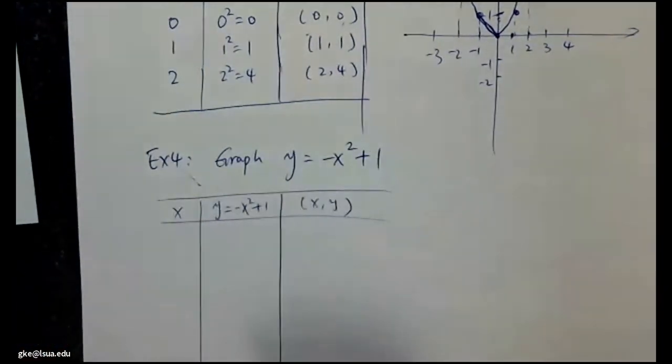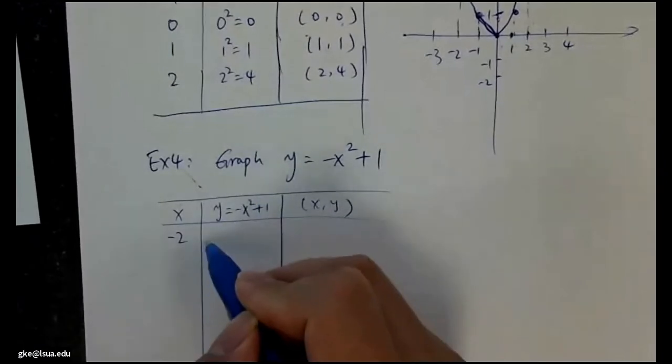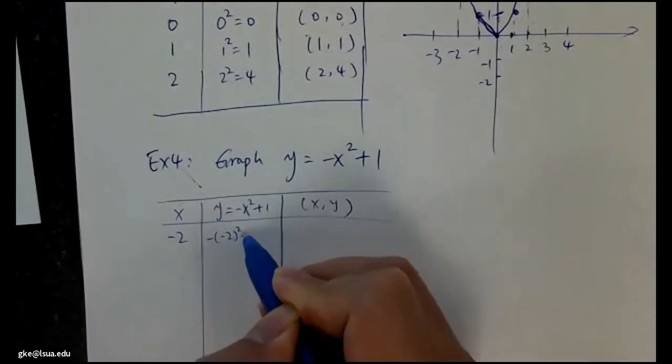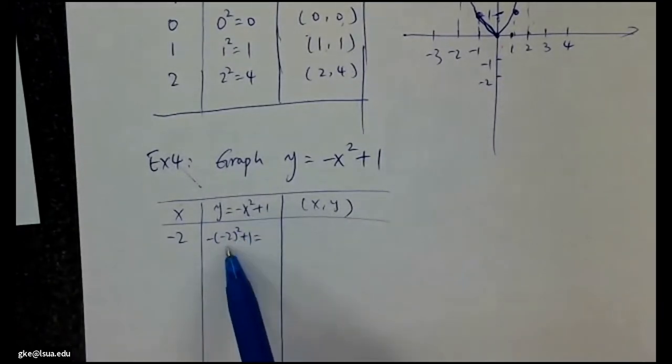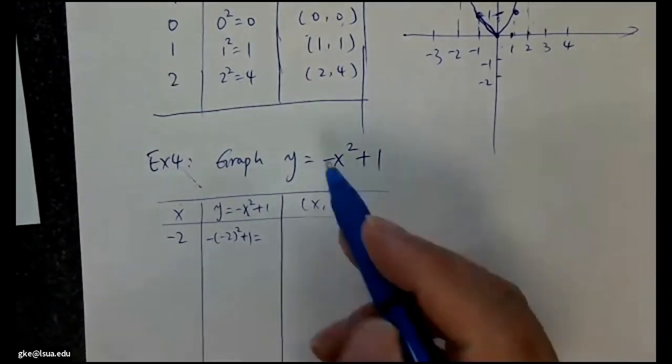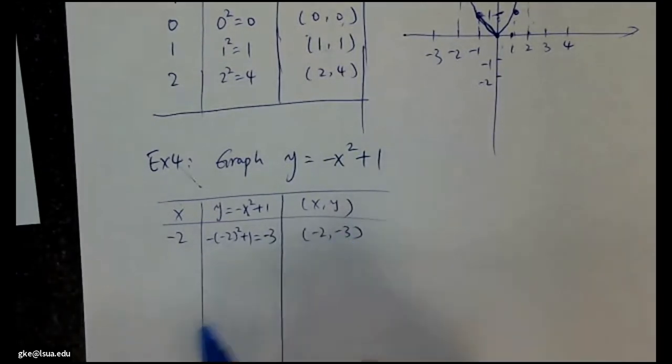So if I pick -2, for example, here is -x squared plus 1. Plug -2 in here: -2 squared is going to be 4. -4 plus 1 is -3. So (-2, -3).